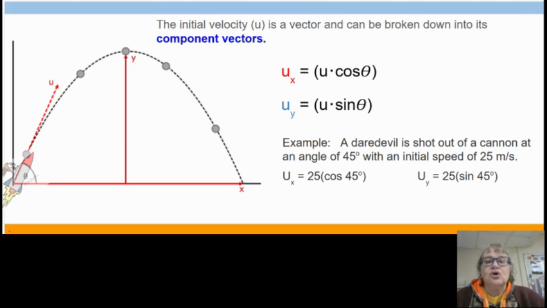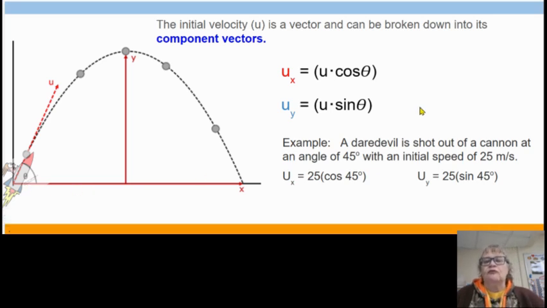So the initial velocity is a vector and can be broken down into its component vectors. Remember, we use initial velocity as u. So u in the x direction is u times cosine of theta. U in the y direction is u times sine of theta. That's with the angle being between the trajectory and the ground, or the horizontal.